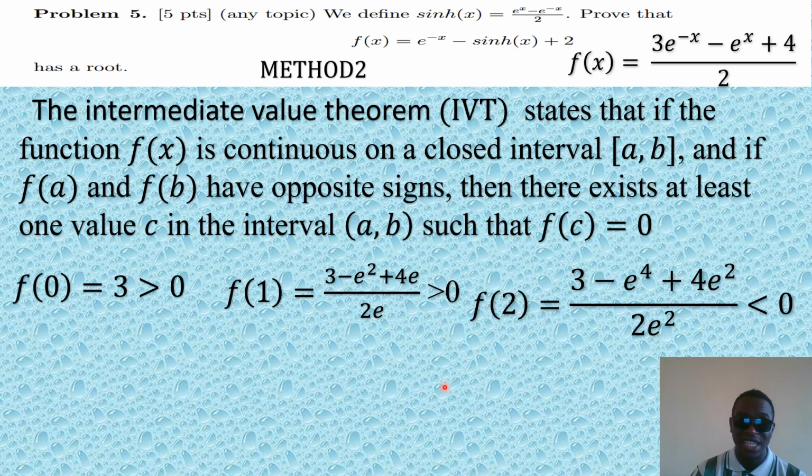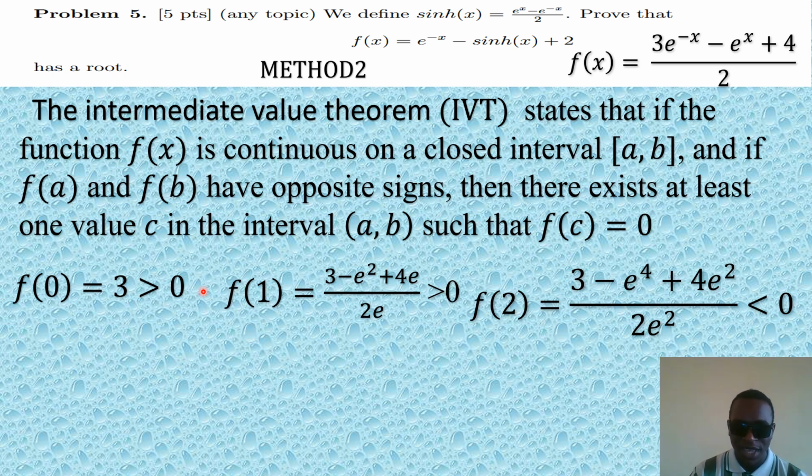You can see clearly that between 1 and 2, the values of the function have opposite signs. This one is greater than 0, this one is less than 0. Anything greater than 0 is positive, anything less than 0 is negative. So they have opposite signs for the values 1 and 2. According to the intermediate value theorem, the solution lies between 1 and 2. For this question, another smart approach, if you don't want to guess, is to solve it on your rough worksheet and get the exact solution.